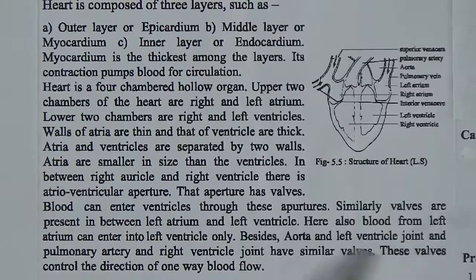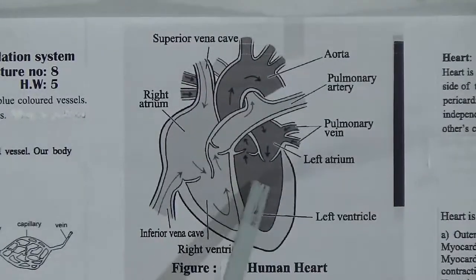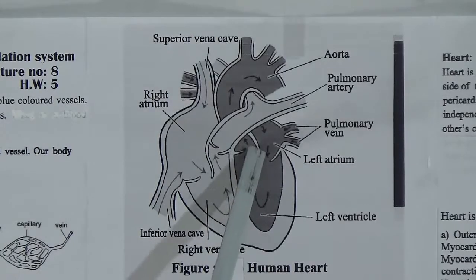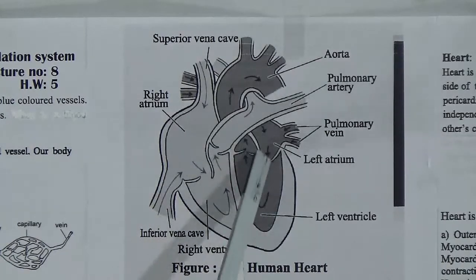These valves control the direction of one-way blood flow. That means when blood enters here, it can't go back this side. This is one-way, like a door.